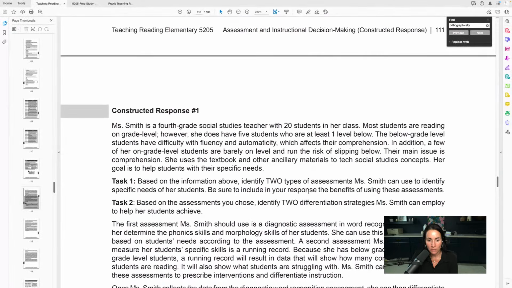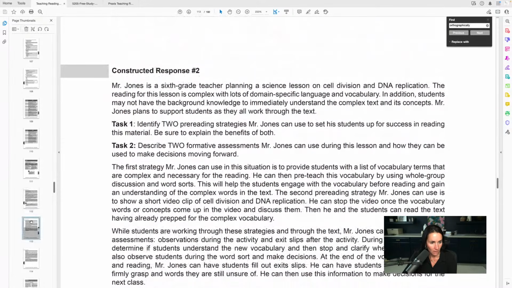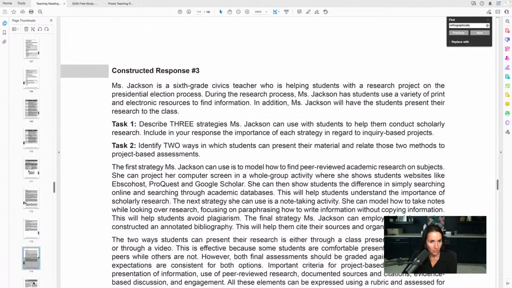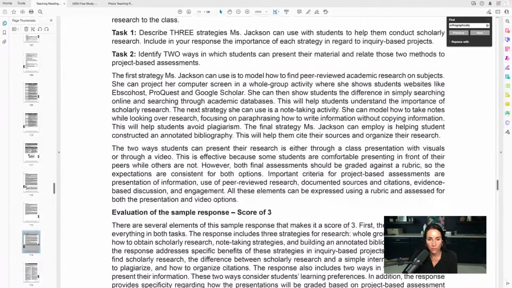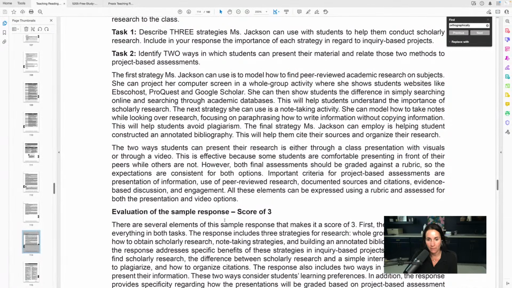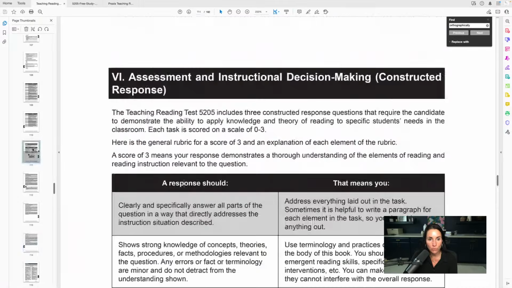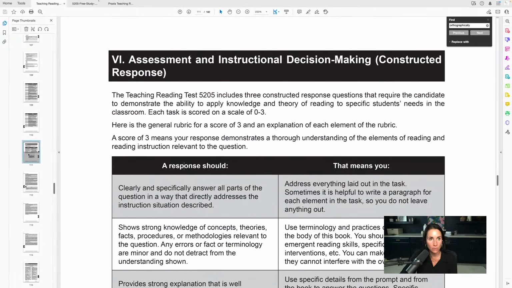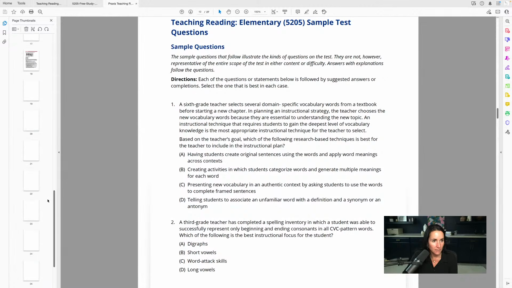I have my constructed response here, and then I have a sample constructed response for you and what a score of 3 would look like, and an evaluation of why it got a 3. All right. So that's really important. So I have the rubric in here. I simplified it a little bit, but the rubric is also in the study companion.